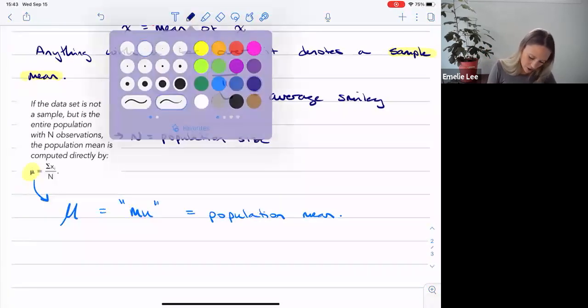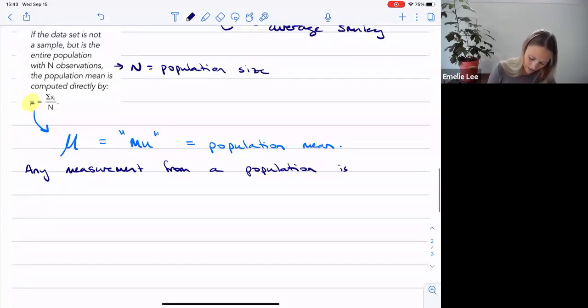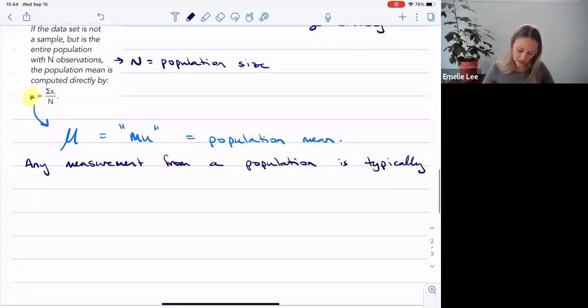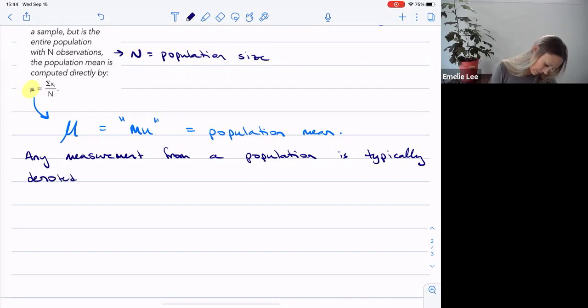And so any measurement from a population is typically, there's one rare instance that I can think of where we don't, but we can ignore that and never talk about it again. Any measurement from a population is typically denoted by Greek letters.